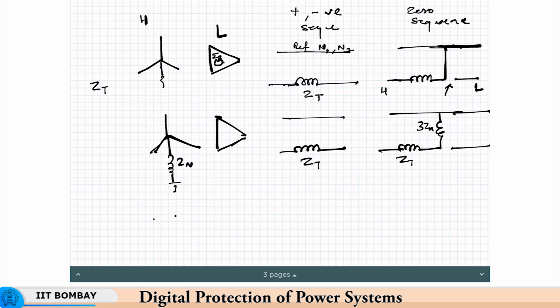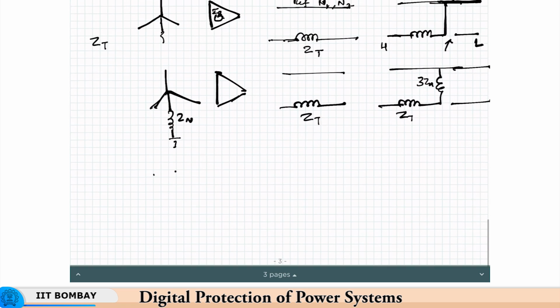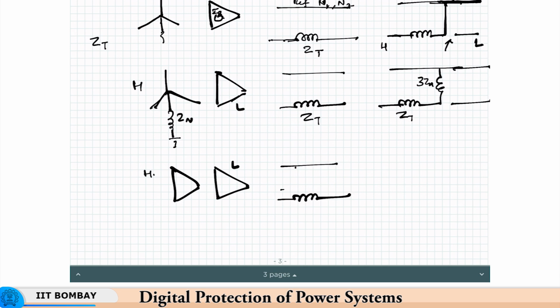If it is delta and delta, this is H, H means the high voltage side, L is the low voltage side. Again, whatever connection we take, positive and negative sequence connections will be the same irrespective of the vector group.